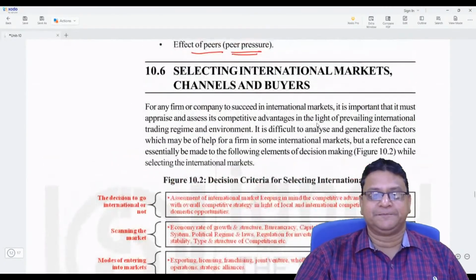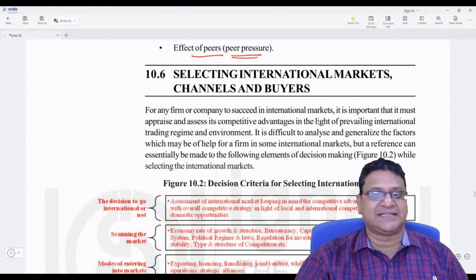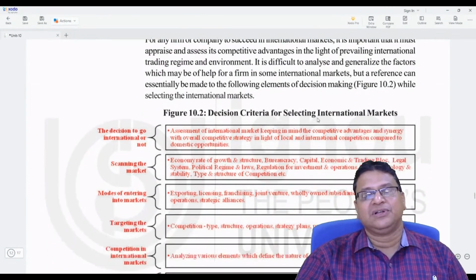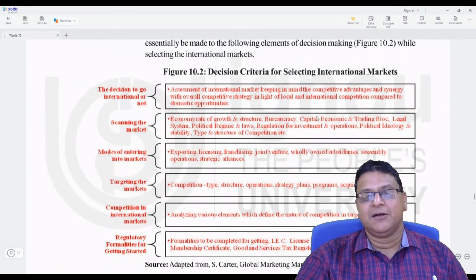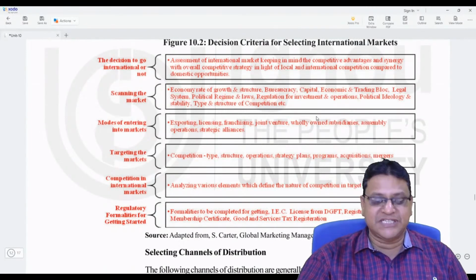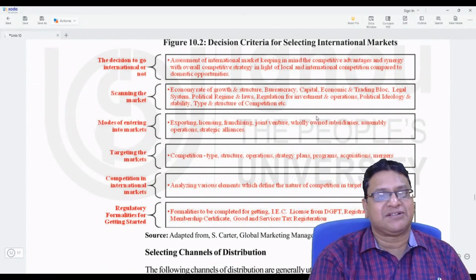Next one is selecting international market channels. What are the key decisions a firm has to take for selecting international market? A firm normally takes the following decisions.